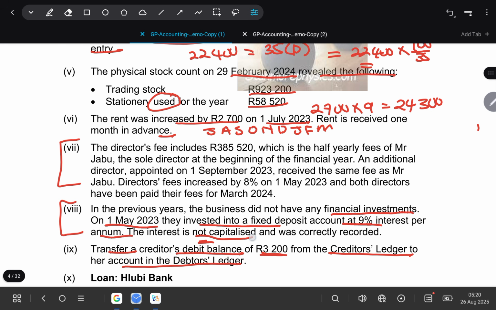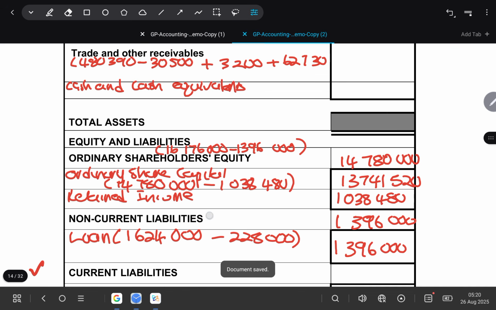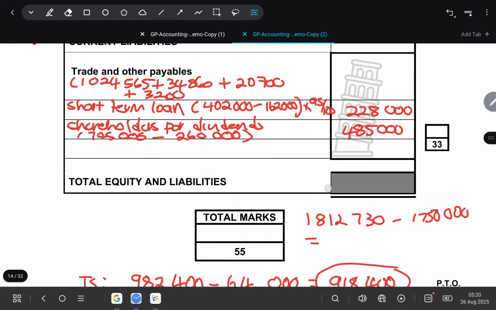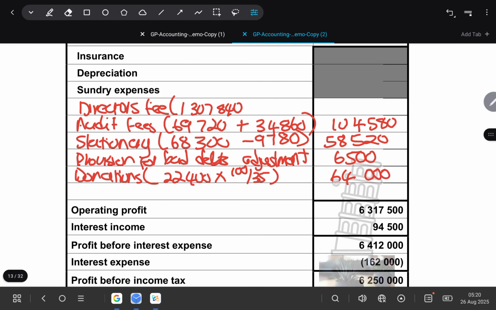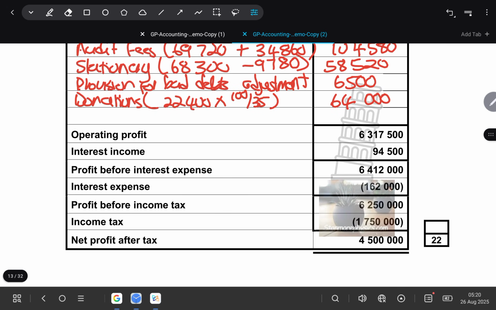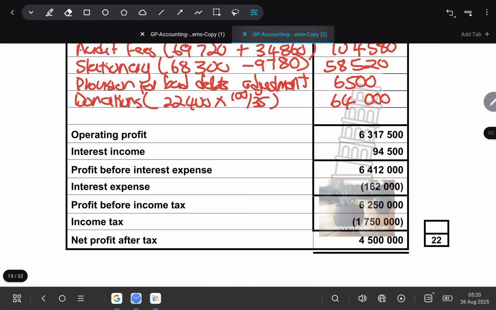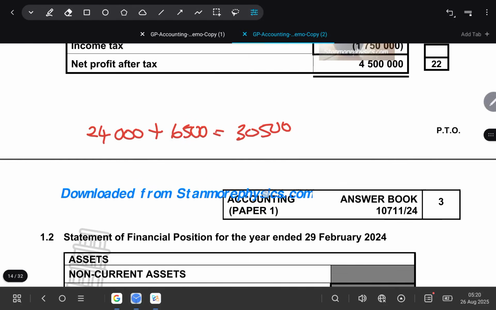The interest is not capitalized and was correctly recorded. So the interest is there in the income statement. Now, on our answer book, fixed deposit, we don't have anything. But in the income statement, interest income is 94,500. So we are going to use that information to get our fixed deposit.